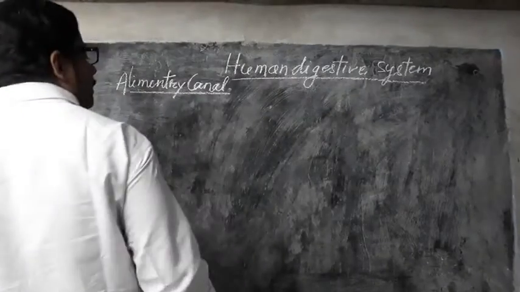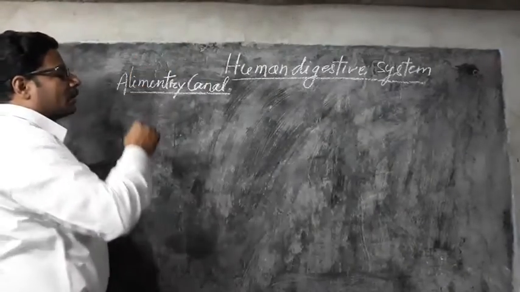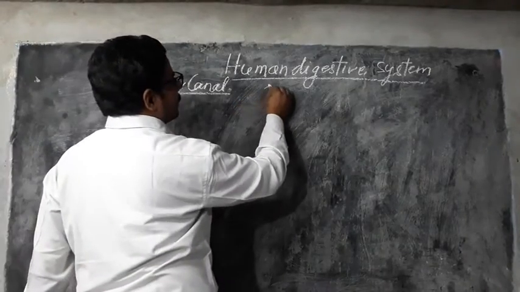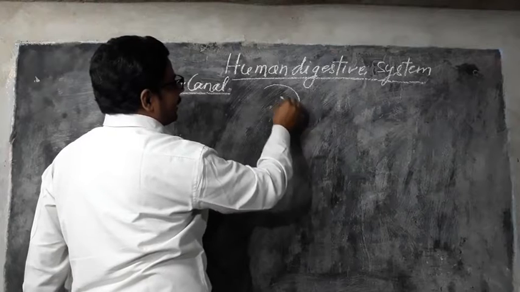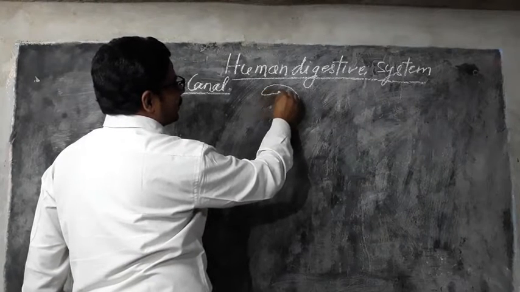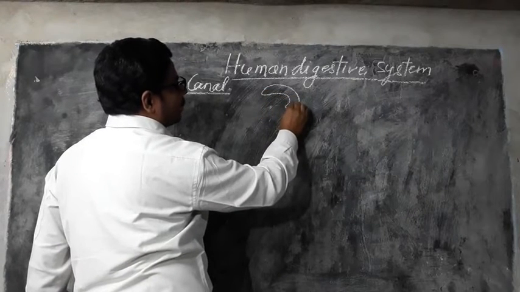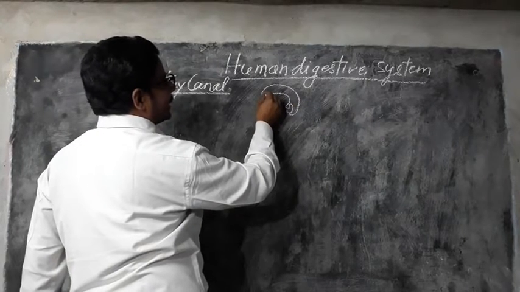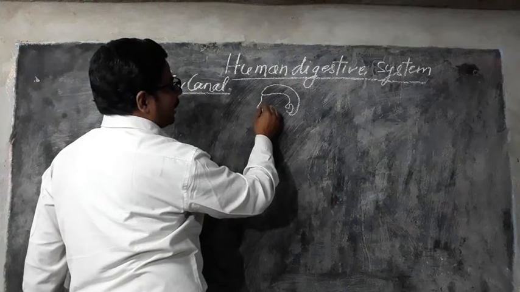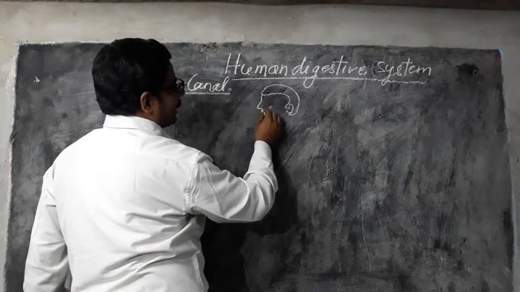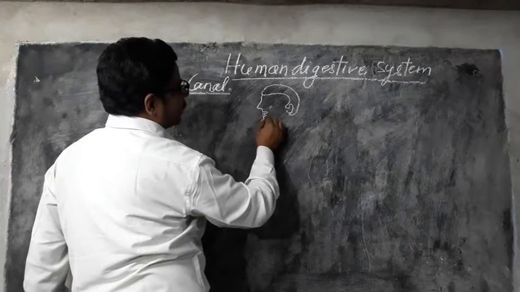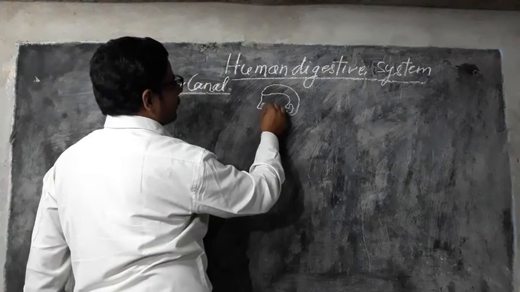These are the different parts involved. First, see this figure and also try to draw the human digestive system. While seeing this, you can understand easily how to draw it.